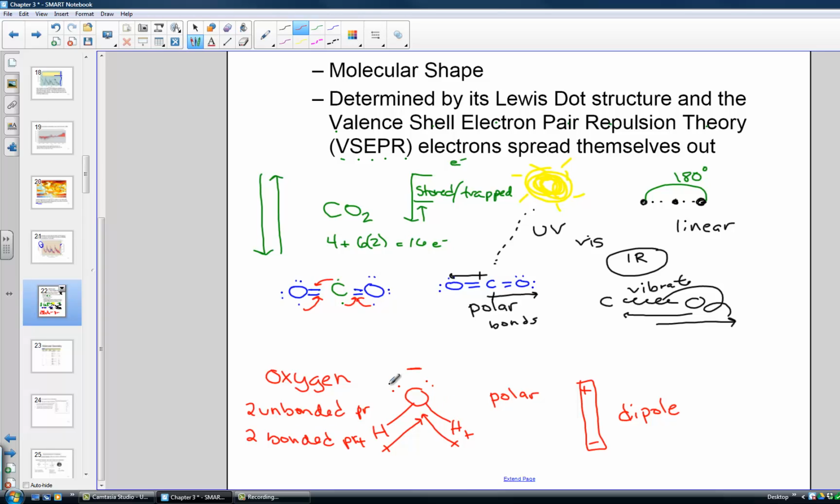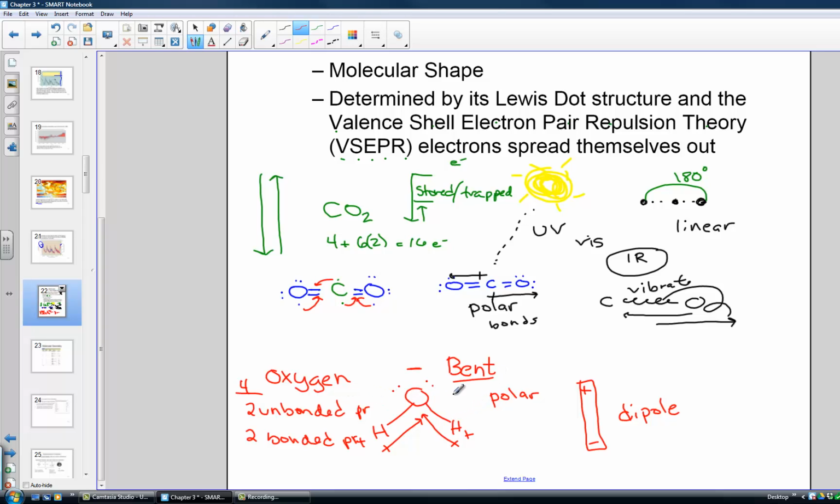And when we see a molecule built like this, we have 4 total domains of electrons around the central atom. Of the total of 4 domains, 2 are bonded and 2 are unbonded. The molecule has a molecular geometry that's said to be bent.